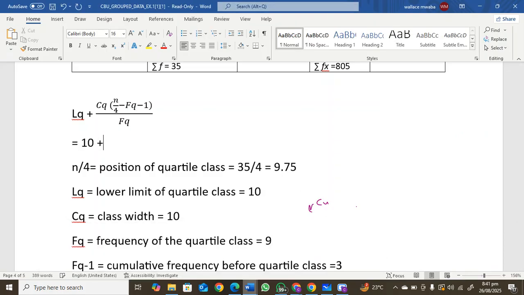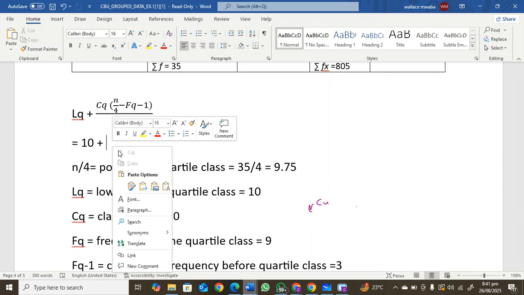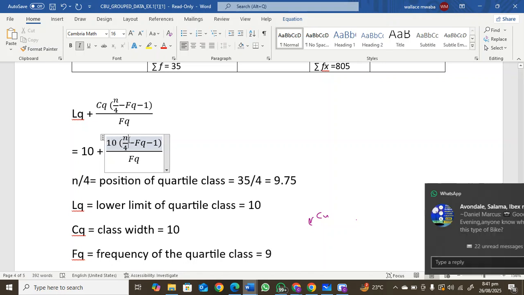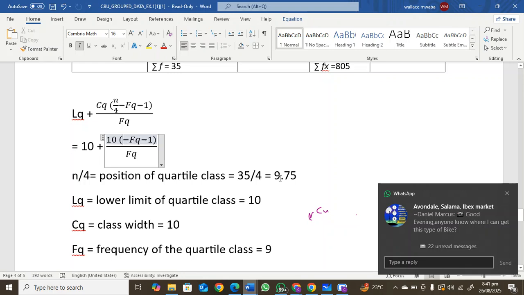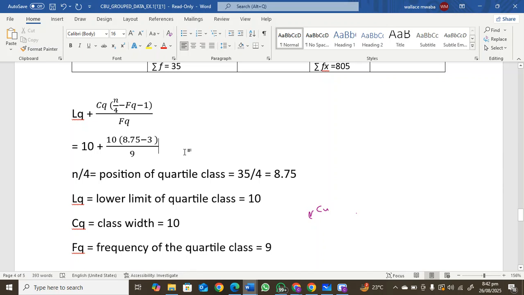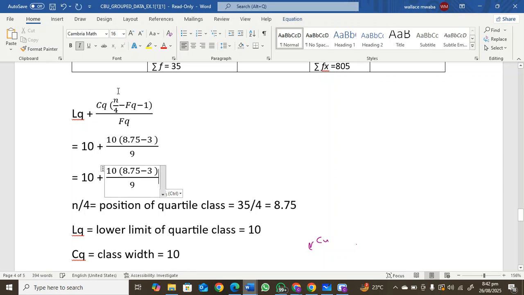LQ is 10 plus CQ, which is 10, times n over 4, we got 8.75, minus the cumulative frequency before the quartile class, 3, all over the frequency of the quartile class, 9. So 8.75 minus 3, you get 5.75.